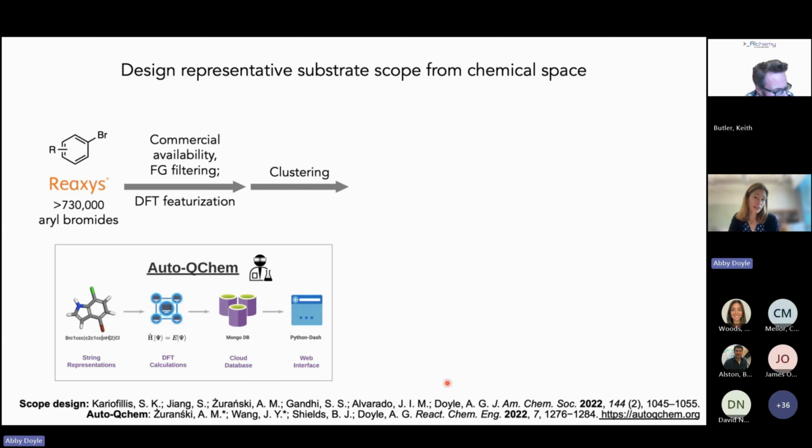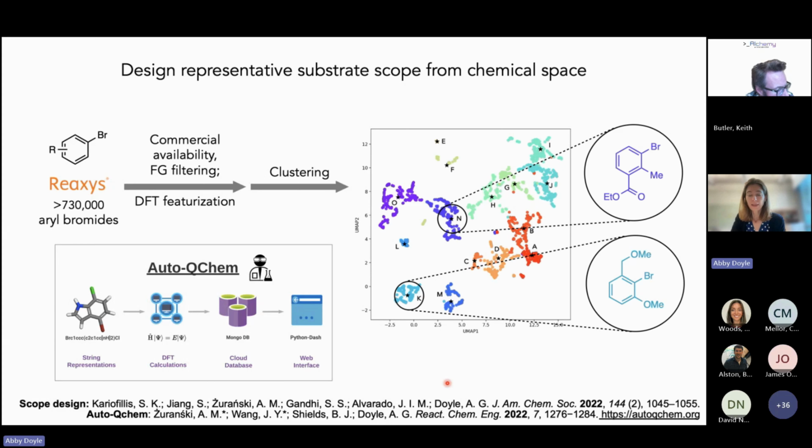Then one can cluster these substrates based off of their features, such that one can come up with chemical space maps where you can select maximally diverse or representative substrates that cover that space. And this hopefully can lead to less biased evaluation of the generality of a specific set of conditions in chemical space.